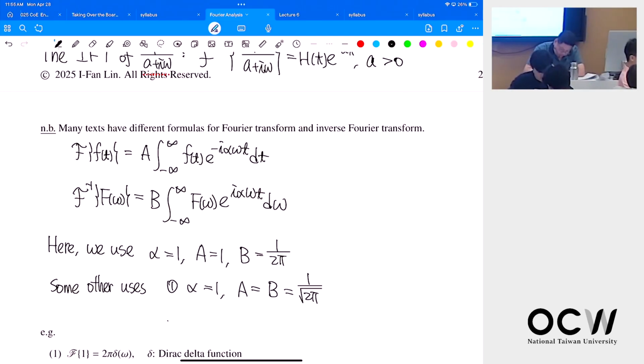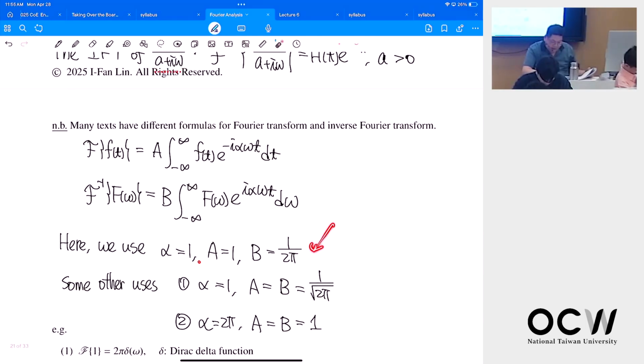Or sometimes you may see alpha equals 2 pi and then a and b are 1. But overall, they still call it the Fourier transform pair. But you need to choose. You cannot just have a combination of these three. You can either choose the first, or the second, or the third.